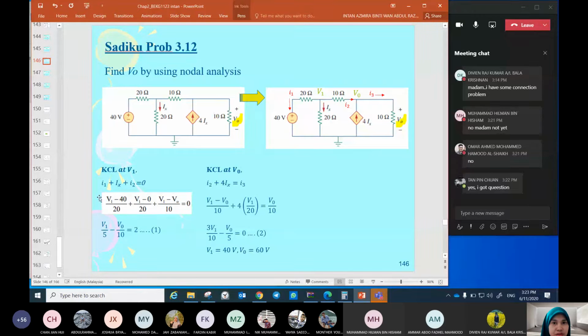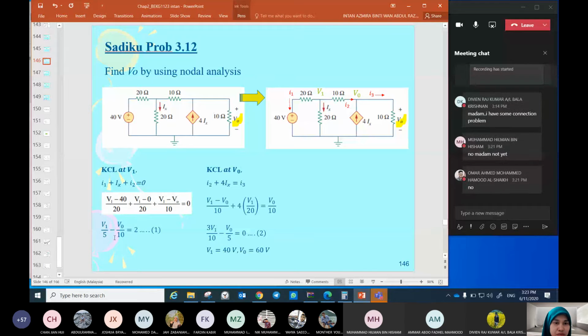I1 is equal to (V1 minus 40) divided with 20, plus Ix is equal to V1 divided with 20, plus I2 is equal to (V1 minus V0) divided with 10, equals 0. Please rearrange so that you write V1, V0 in order, or V0 followed by V1, equal to the round number.